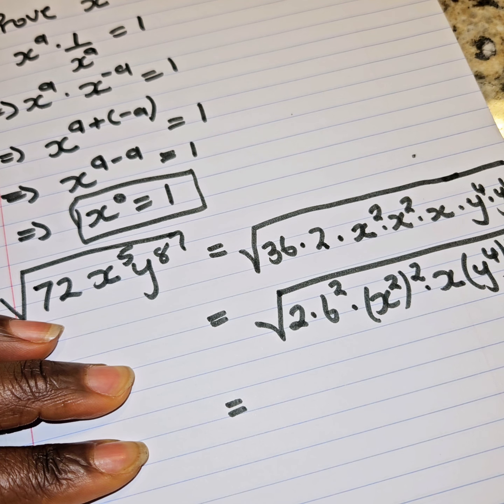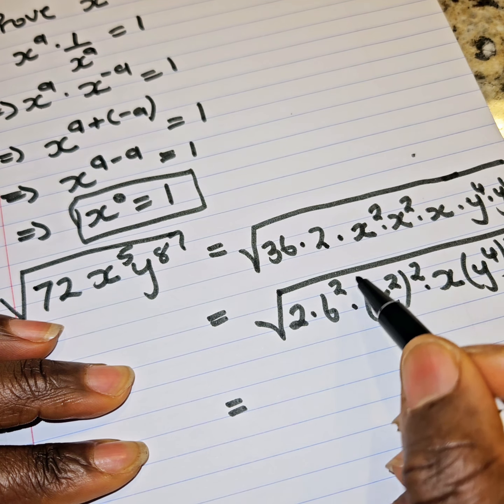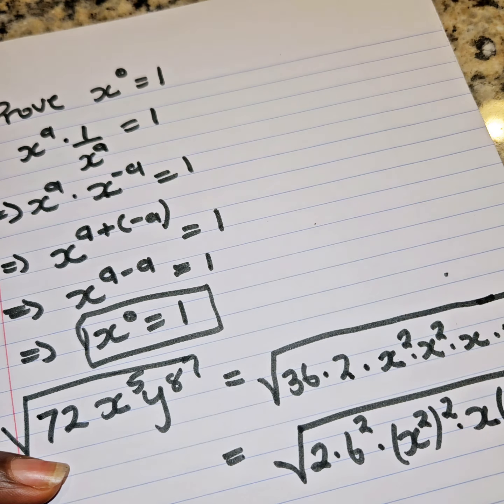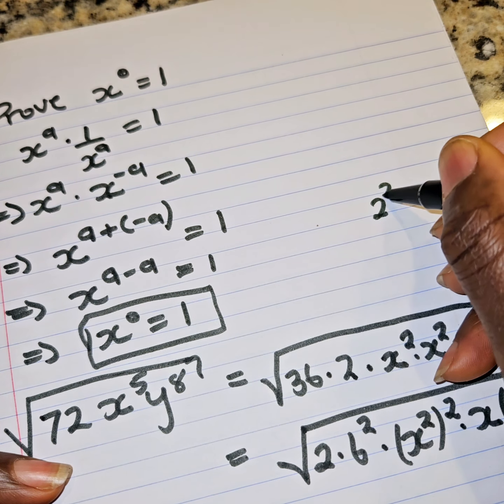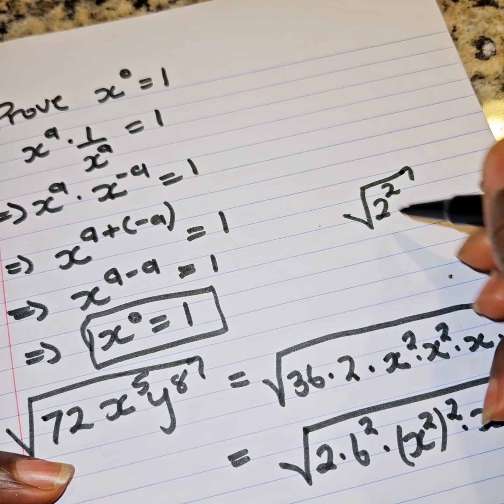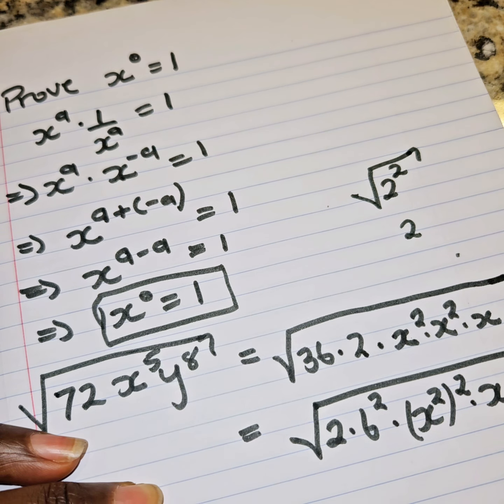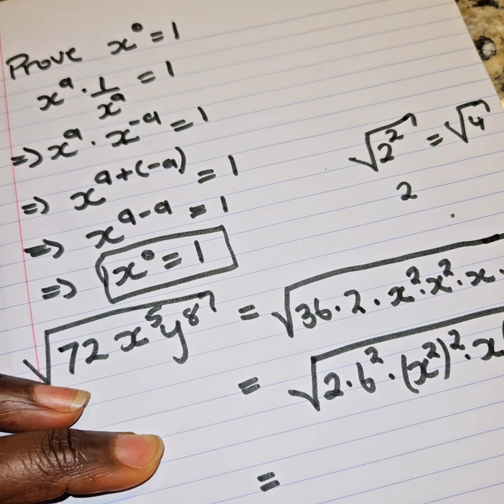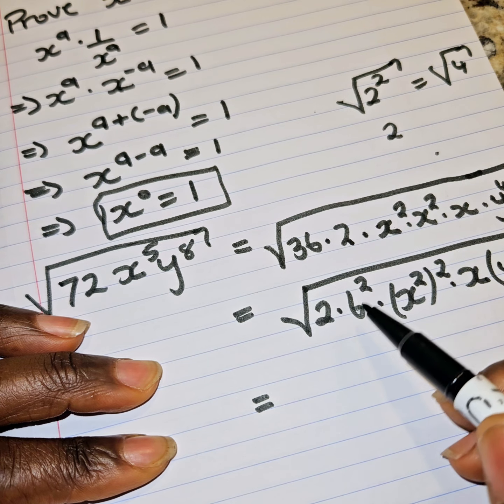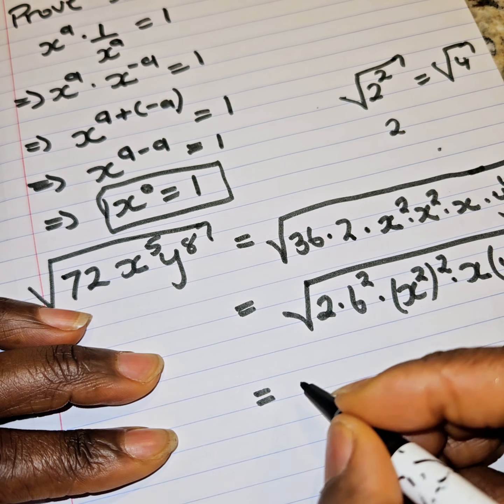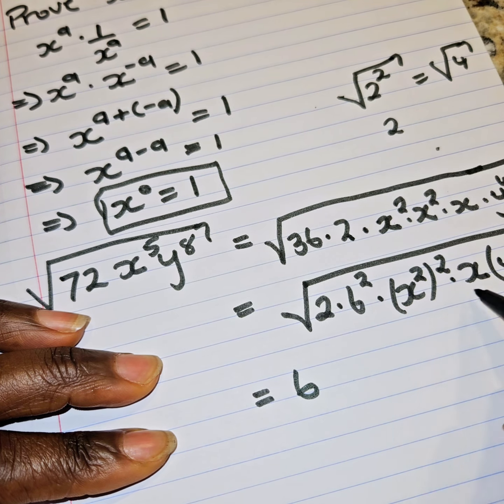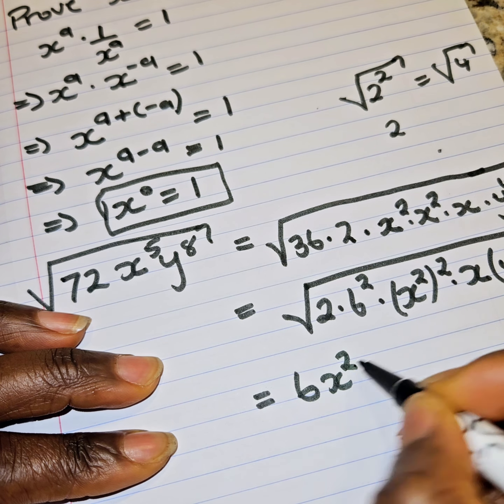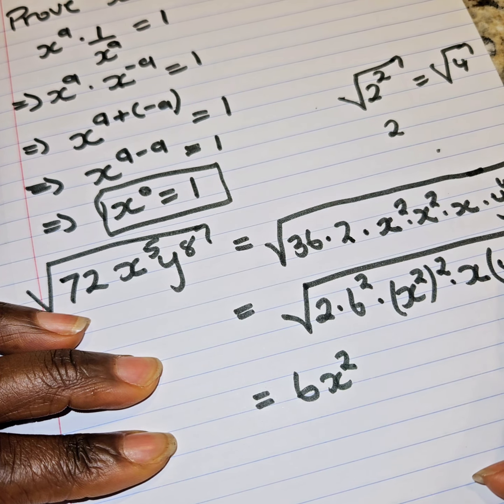And I will pull 6 out. So what I'm trying to say is, if I have 2 squared square root, the answer is going to be 2, because this is just the same as the square root of 4. Remember, square root, what number do I multiply by itself to have that? So 6 will come out, this will also come out, this will come out.